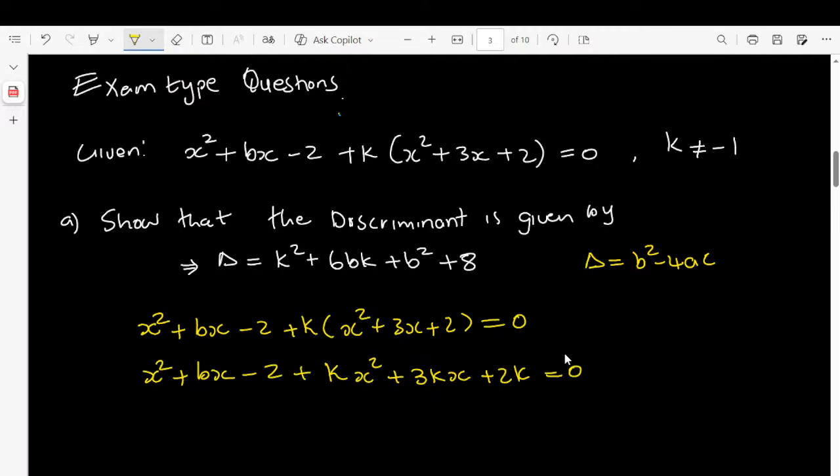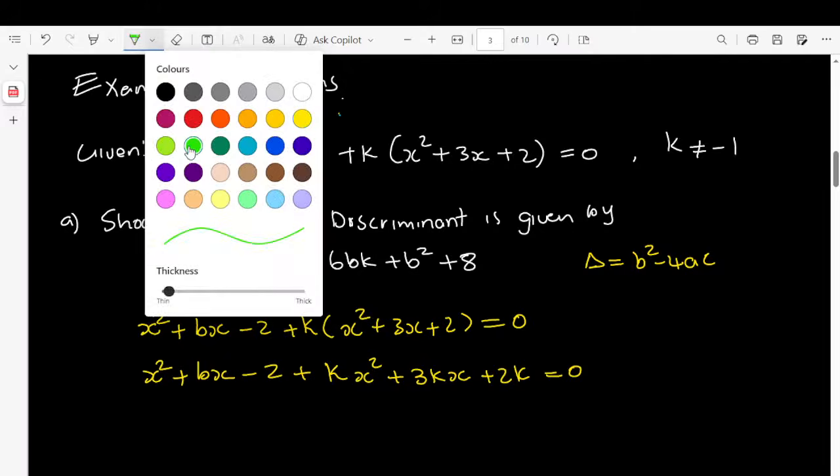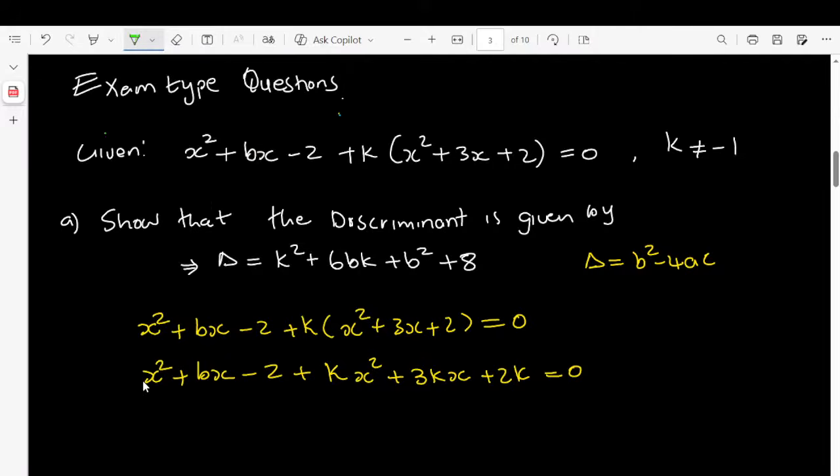Do we have any like terms here? Let's combine the like terms. When I say combine, I need you to group them. Take the x squared and write it next to kx squared.